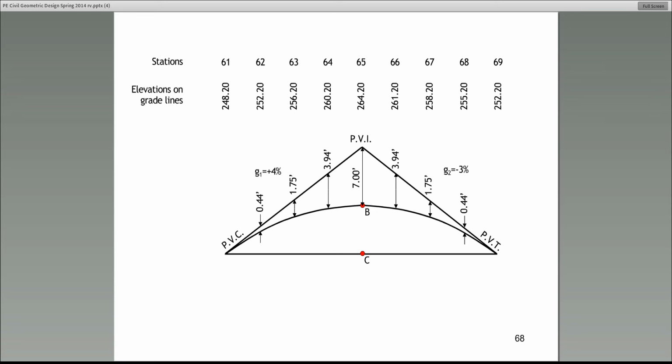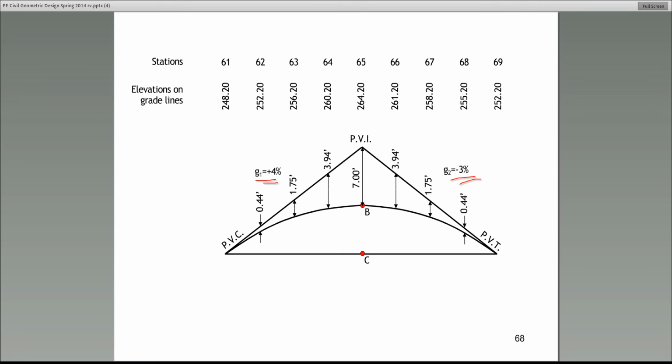Now, parabolic curves are symmetrical. So everything on the left-hand side would be a mirror image of the right-hand side, regardless of these g values. Gradients are different, but the tangent offsets on the right-hand side and the left-hand side would be the same, all right?